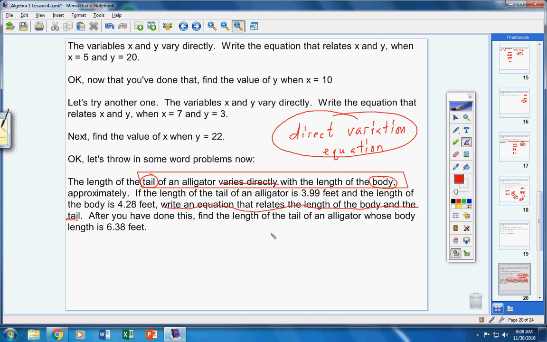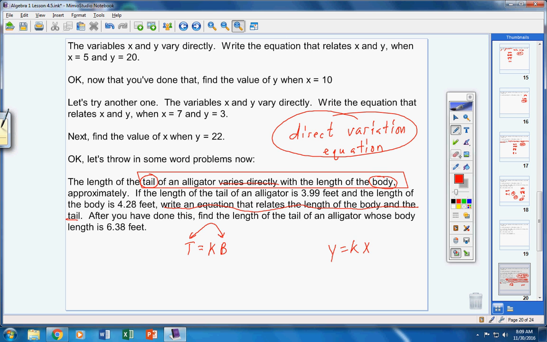That phrase right there, and let's write it down here like it's an equation. Are you ready? The tail, I'm going to put T, varies directly, so equals K. What's it vary directly with? The body. Now you have to go in order as it says it, or you'll get your B and your T turned around. Now relax. I know you guys are used to Y and X. I get that.